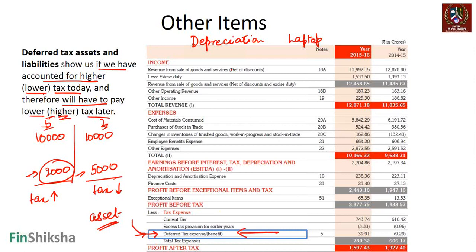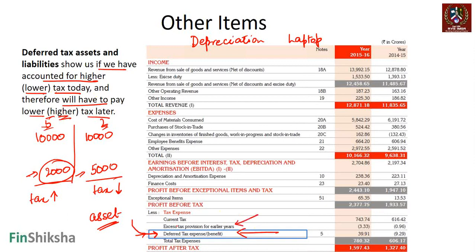When we look at the balance sheet discussions, we will realize that this item also appears in the balance sheet on either the assets or liabilities side, right? That's when we'll explore this in a little bit more detail. For now, our understanding is that this is a little bit extra tax or lesser tax that you've paid, and an adjustment to the current tax is made on account of that.